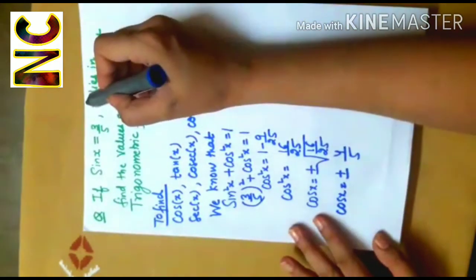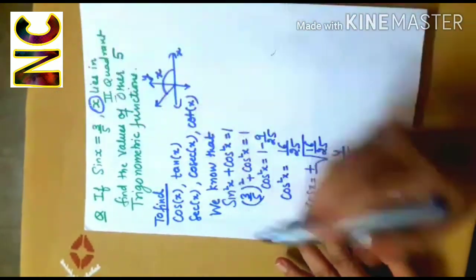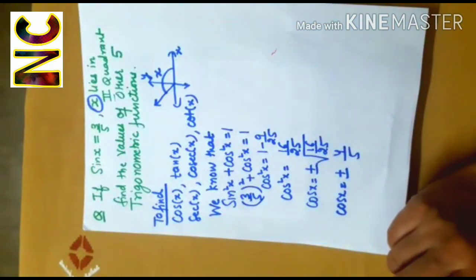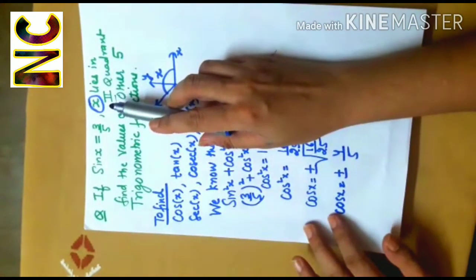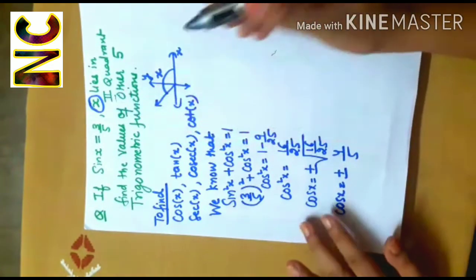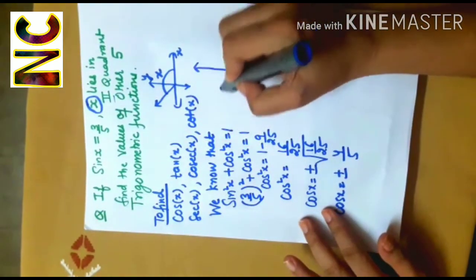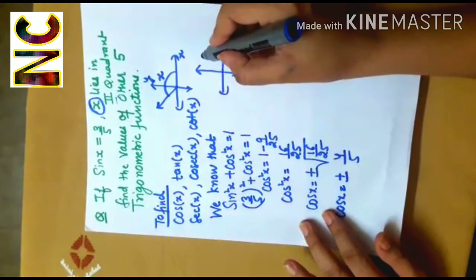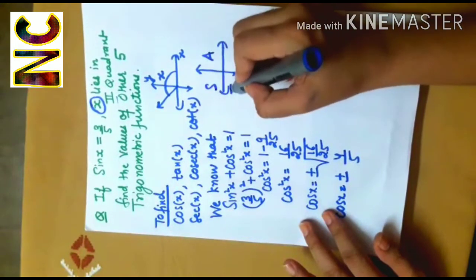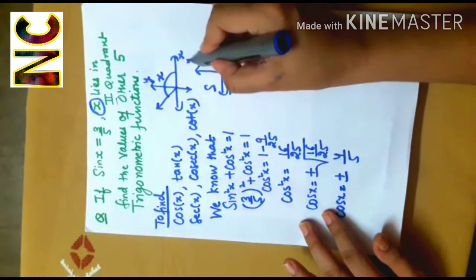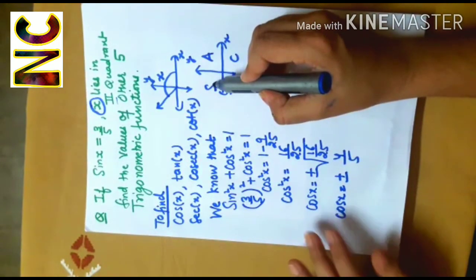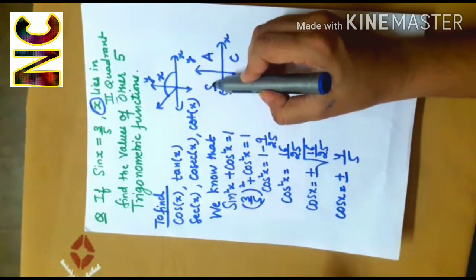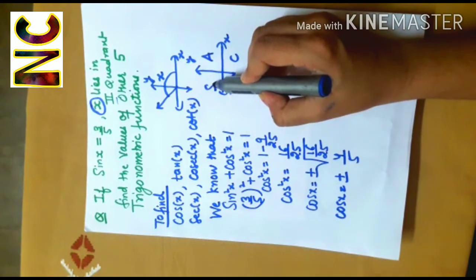Now look here. According to the question, x lies in the second quadrant. In the second quadrant, recall: all students take coffee. So in the second quadrant, the sine function and its reciprocal function, the cosecant function, are positive, and the rest are negative.